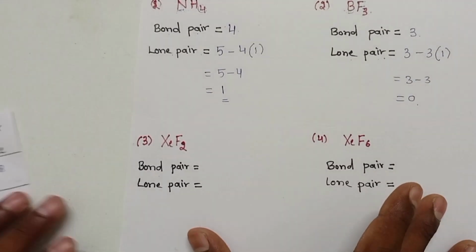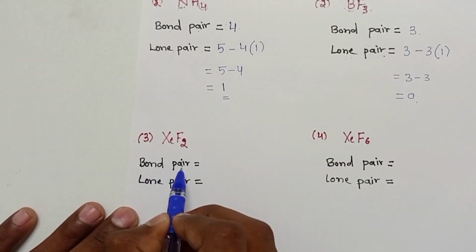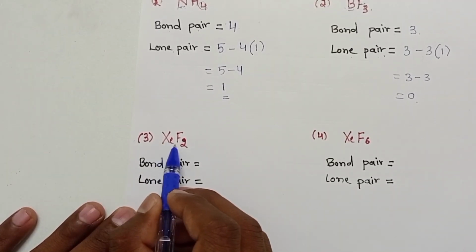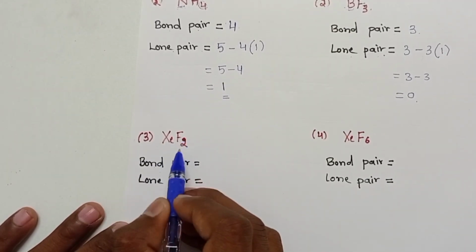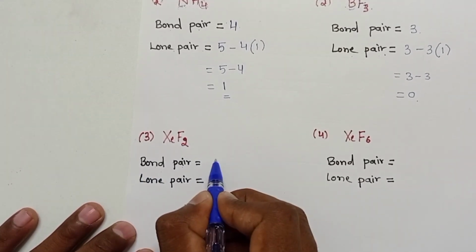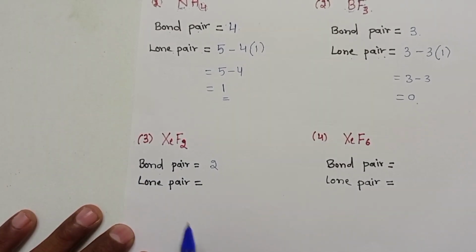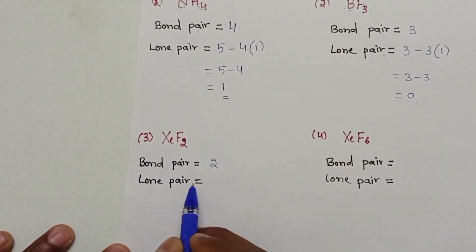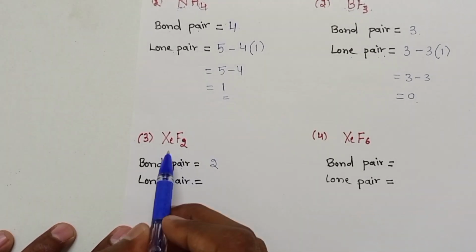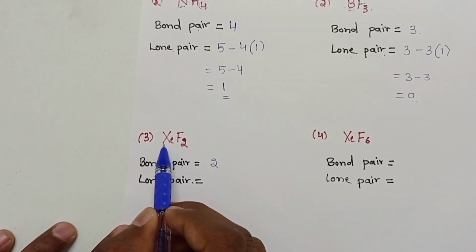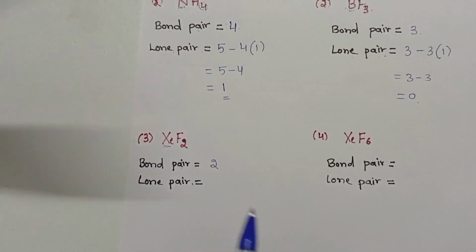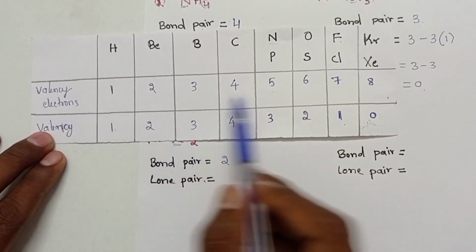Let us go with some other examples. First we go with bond pairs. The central atom xenon is surrounded by how many fluorine atoms? 2, therefore the number of bond pairs is equal to 2. Similarly for lone pairs of electrons, first we have to consider the valency of the central atom. For xenon the number of valence electrons is equal to 8.